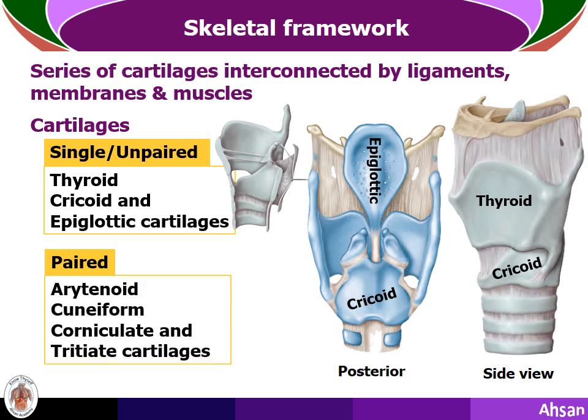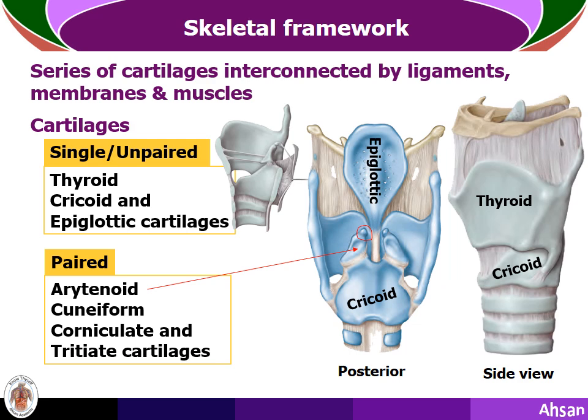Paired cartilages are relatively smaller. Of them, arytenoid is the largest one. Here the labeling shows the arytenoid cartilage. Cuneiform and corniculate cartilages are shown by a red circular line here on the apex of the arytenoid cartilage.